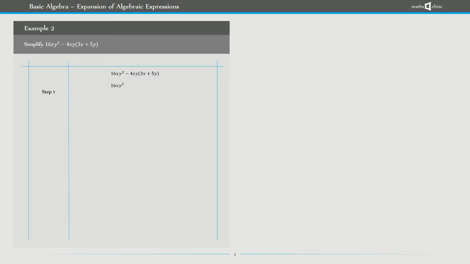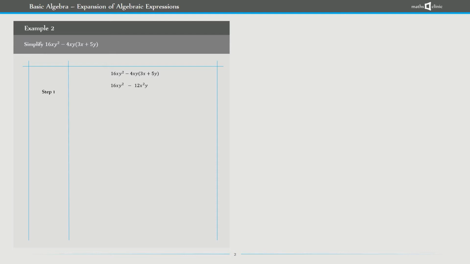First we have minus 4xy times 3x. You multiply the two numbers, and basically you have minus 12. Then you start multiplying the variables. You have x, y, and x, and what you end up with is x squared y. You have two x's, x squared, and then you have the y. So what you have here is minus 12x squared y.